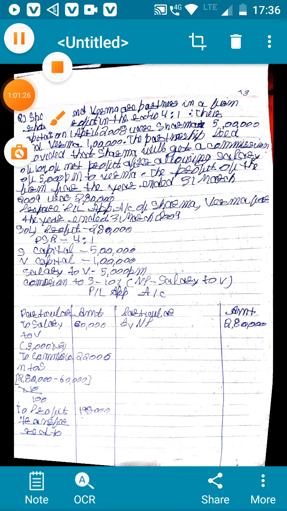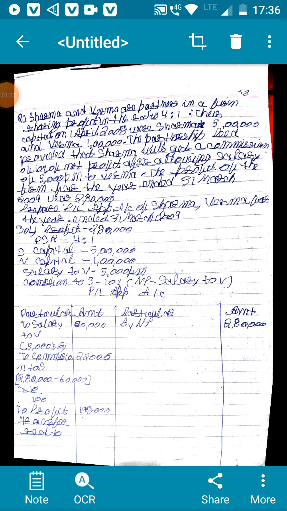Let's look at the next question. The question says that Salma and Balma are partners in a firm, sharing profit and loss in the ratio of 4 to 1. Their capitals on 1st April 2008: Salma's capital was 5 lakh and Balma's capital was 1 lakh.